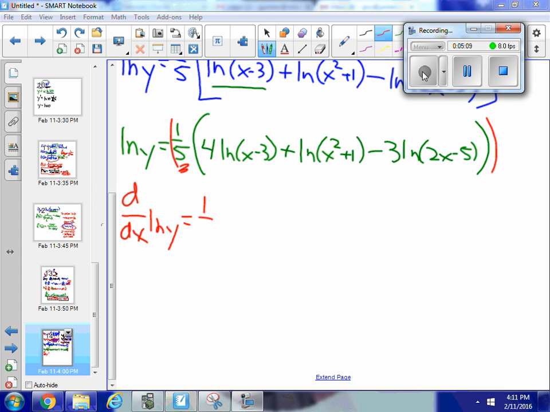So I'm just going to put the 1/5 into the front, and then I'm going to take the derivative of each of these pieces separately, because they're just pluses and minuses. They're not products or quotients.